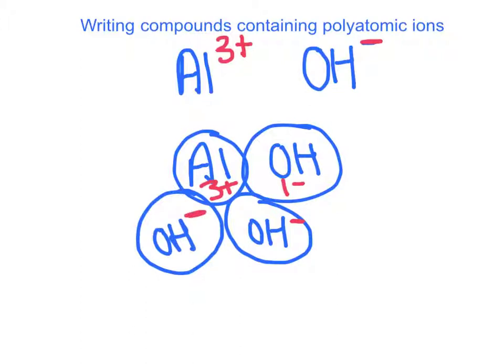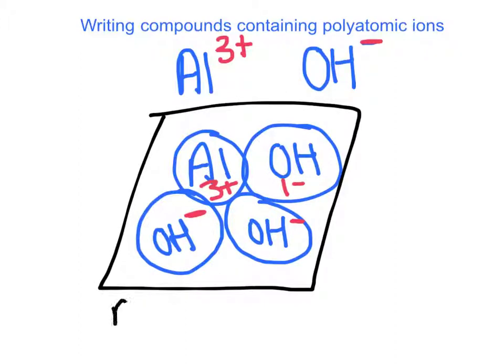And again, I'm color coding here so you can see the charges. Alright? So I have 3 plus, and then I have 1, 2, 3 minus. The 3 plus and the 3 minus balance out, and this overall compound is neutral. That is our goal.